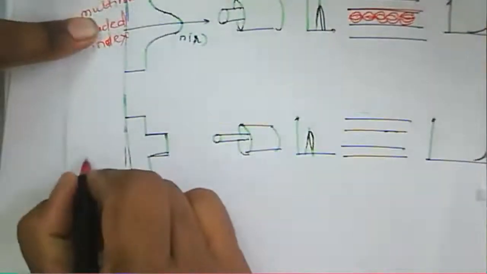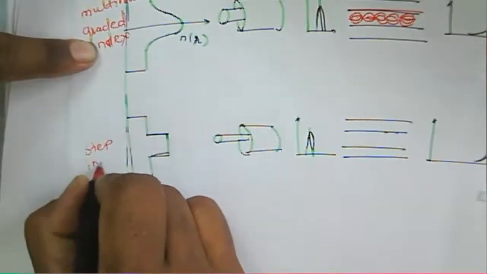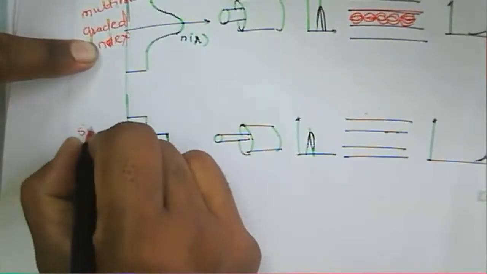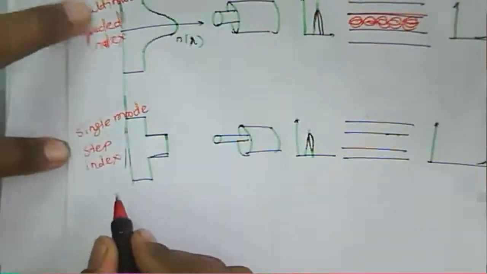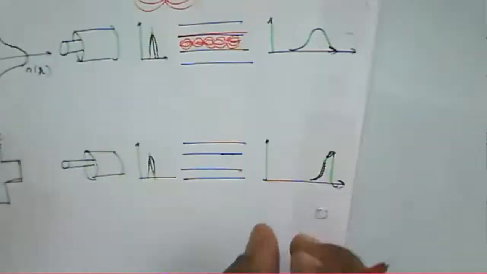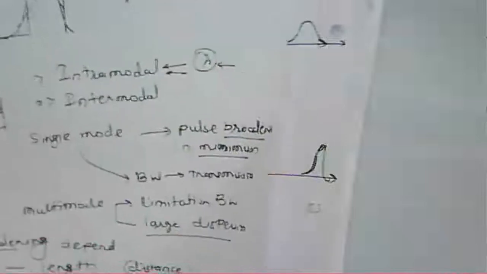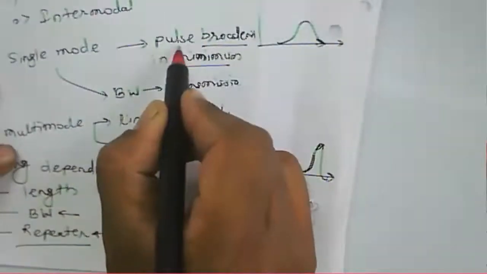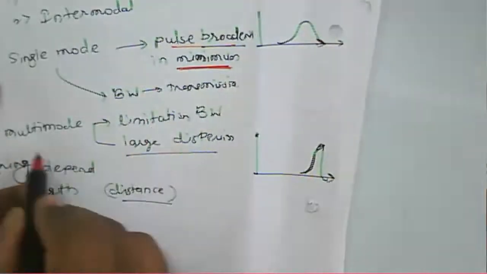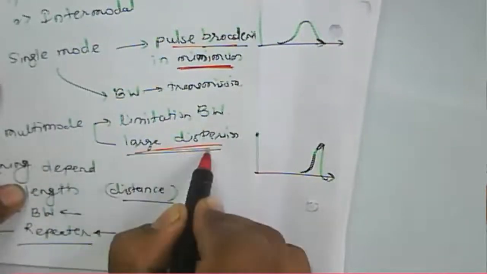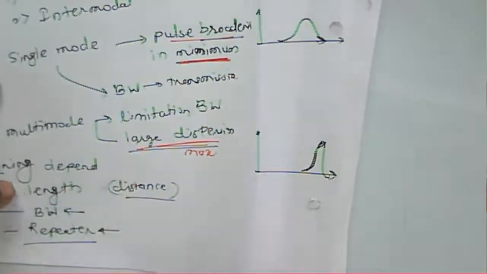And this is the single mode step index fiber, where only one mode is propagated, so the broadening is minimum. As I told you earlier, pulse broadening is minimum in the single mode fiber, while the multimode fiber has large dispersion, so pulse broadening is maximum there.